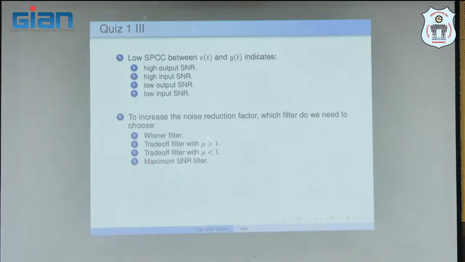The maximum SNR filter actually achieves the maximum noise reduction. Maybe it's confusing, but it's true that we can use the trade-off; the maximum SNR filter can increase it as much as possible because it increases the output SNR, which is achieved by maximizing the noise reduction factor. Okay?